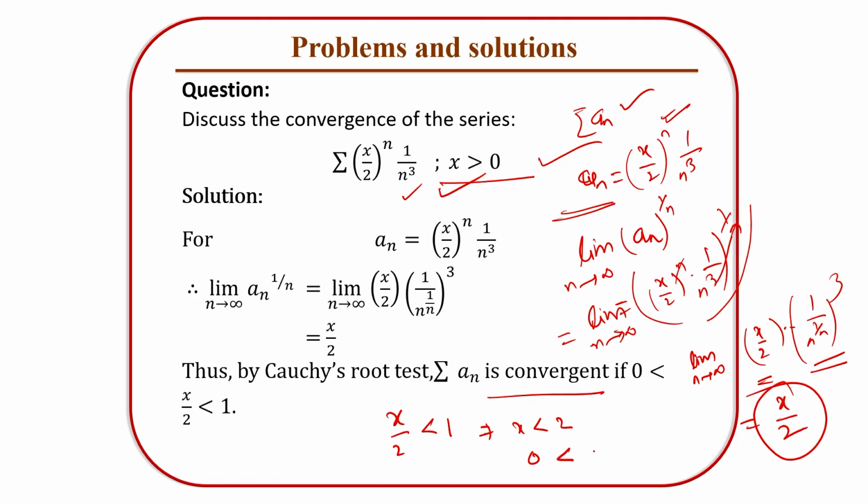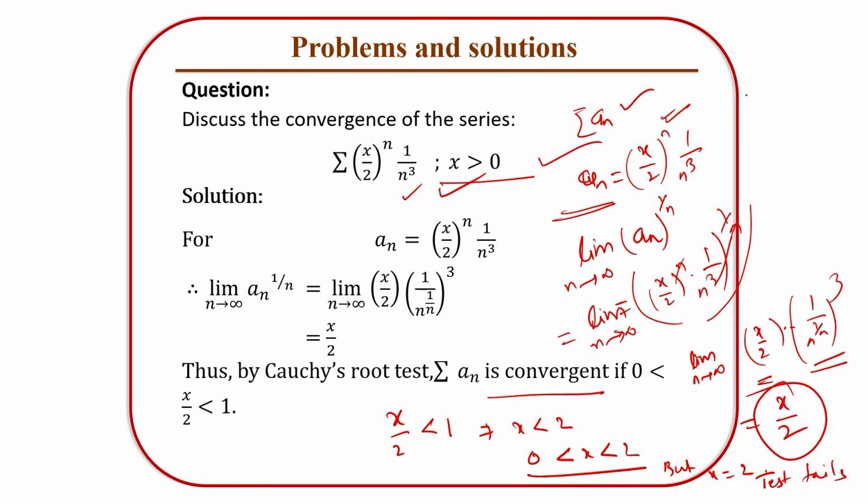Whenever x lies between 0 and 2, the series is convergent, and when it is outside, the series is divergent. But at x equal to 2, the test fails. We need a stronger test to investigate the convergence of that series.